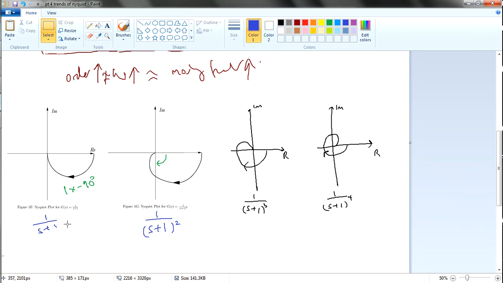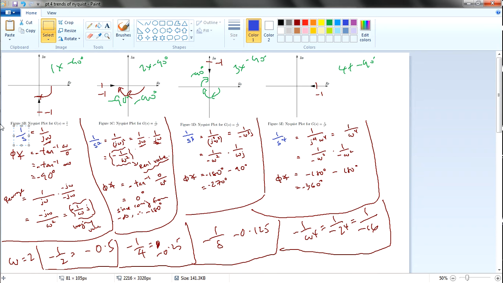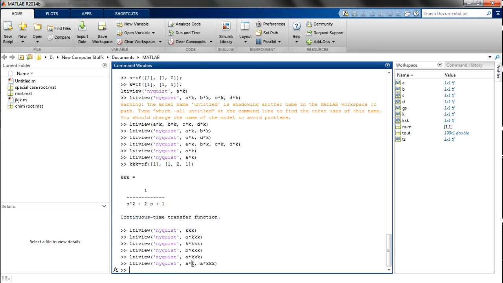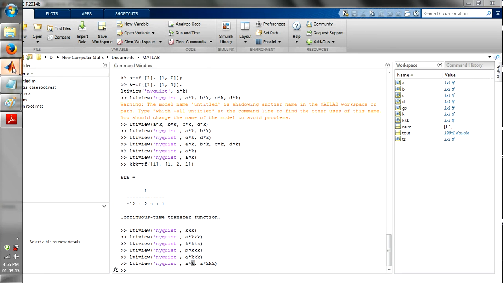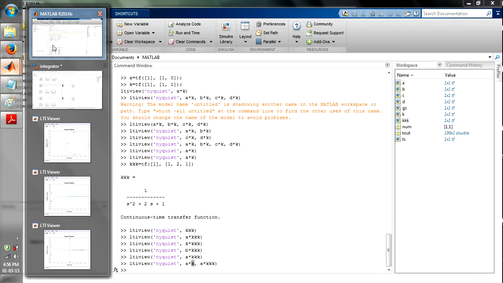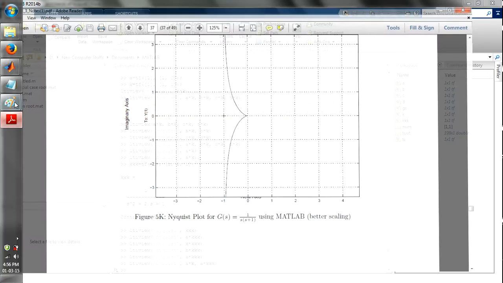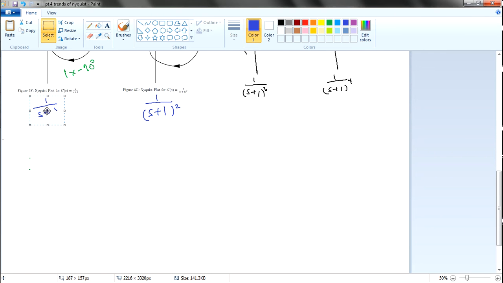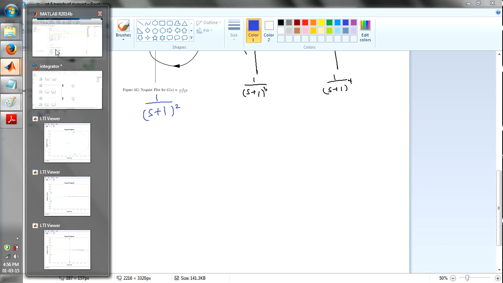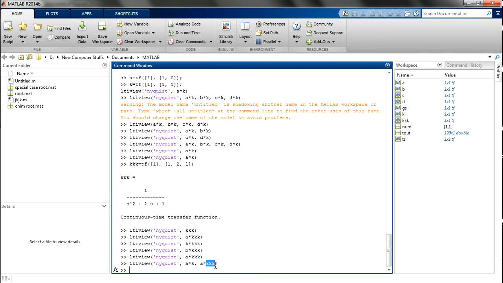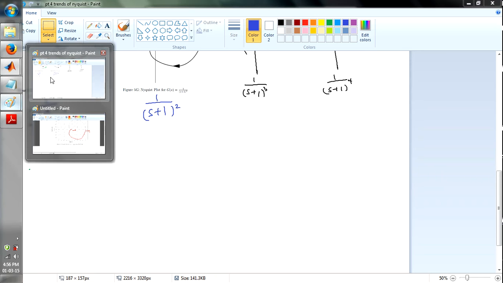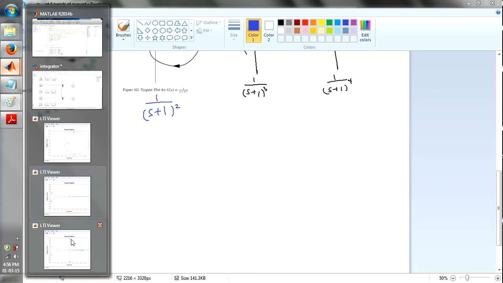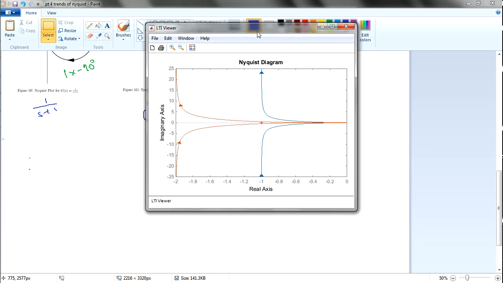And then the other one is 1 over (s plus 1), and the next one is simply 1 over (s plus 1) squared. So I did the Nyquist plot in terms of these two.